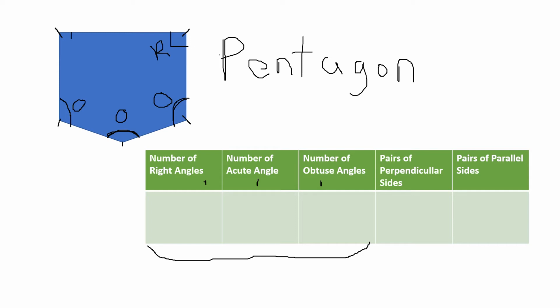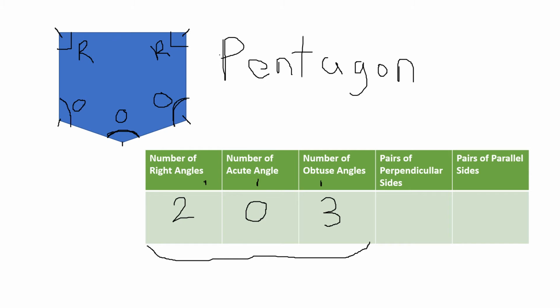And then over here, we have another perfect right angle. So I can see that I have 1, 2, 3 obtuse angles, and I have 1, 2 right angles, and I have 0 acute angles.